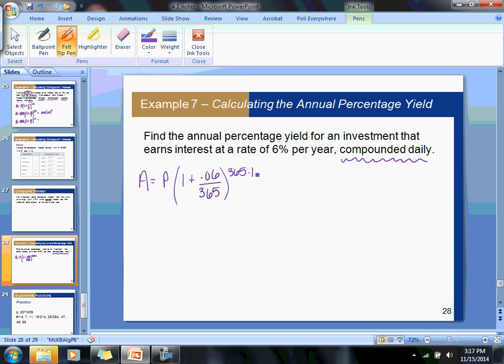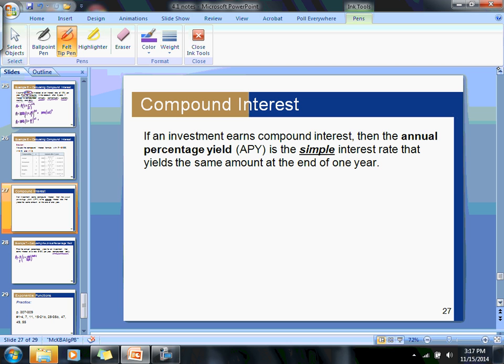Okay, now if it says find the annual percentage yield, now the one thing that we're kind of missing here, I mean, they don't tell us the principal amount. They don't tell us that. But it says if an investment earns a compounded interest, then the annual percentage yield is the simple interest rate.